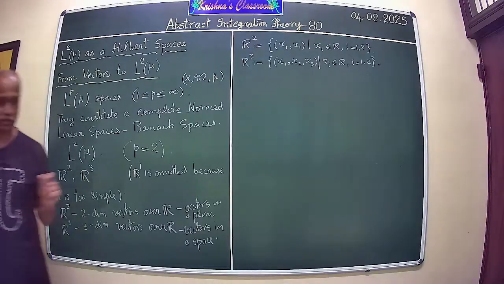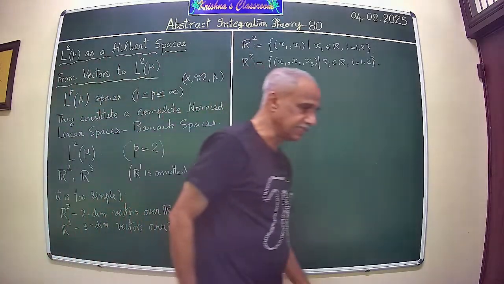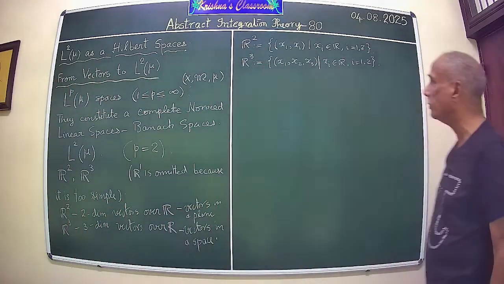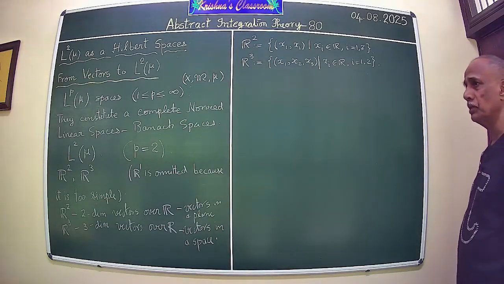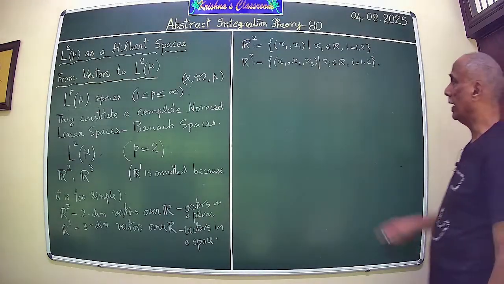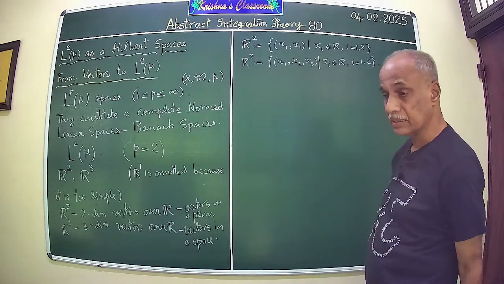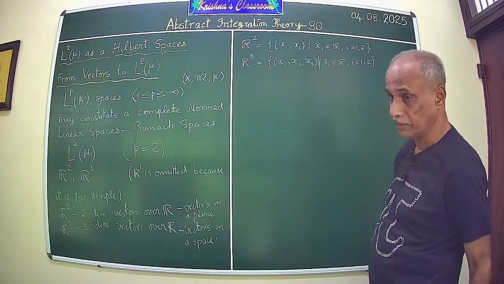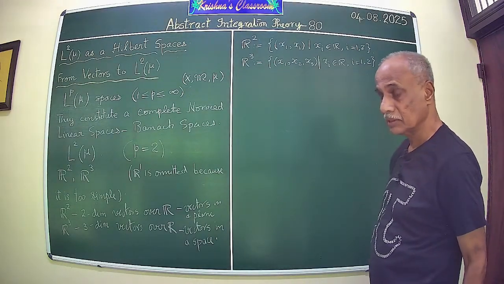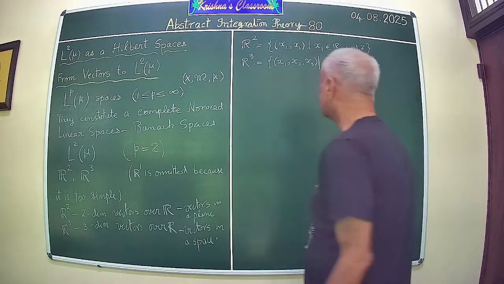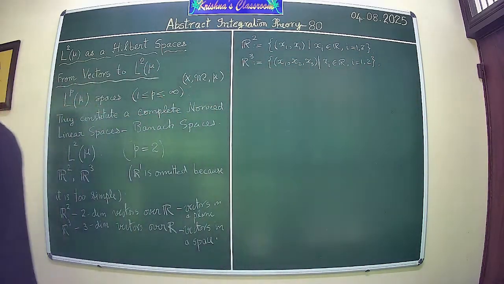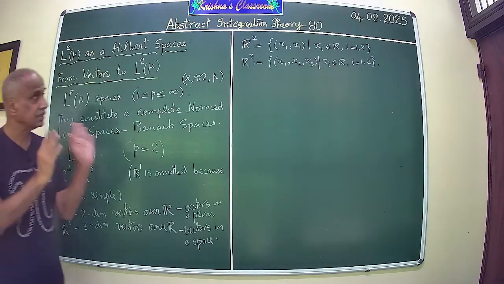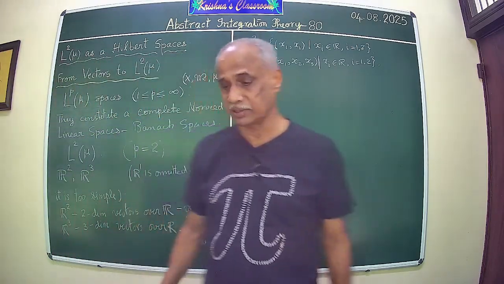R2 is a two-dimensional vector space, so you have a basis for R2 consisting of two linearly independent vectors, and R3 has a basis consisting of three linearly independent vectors, although they are not unique. So having fixed the basis and representation, this will be working.